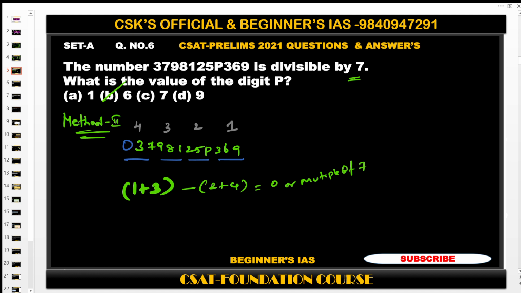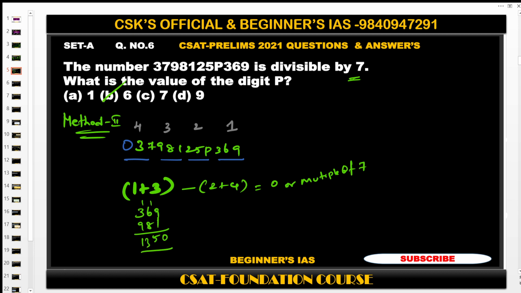Here 1 and 3: 1 is nothing but 369, and 3 is nothing but 981. Add these, so you will get 1350. Listen carefully, this method is a very useful method.